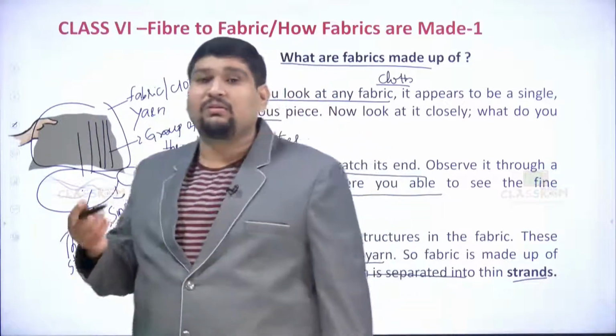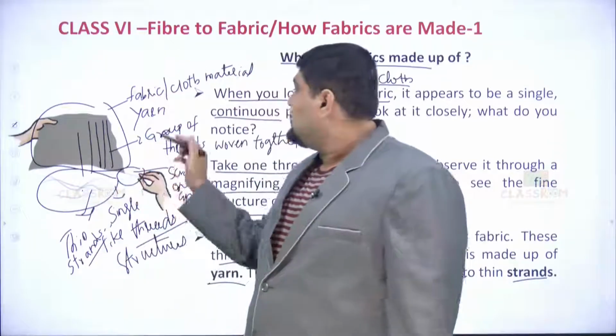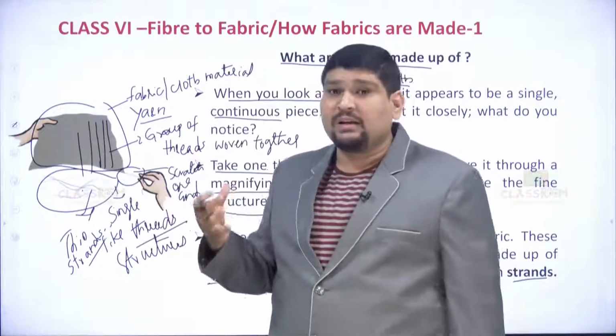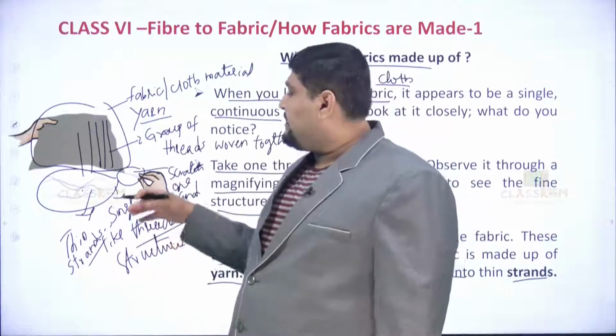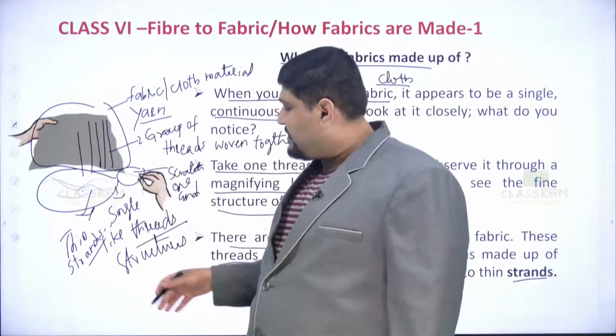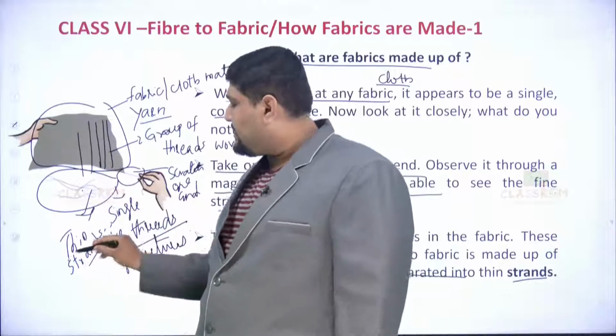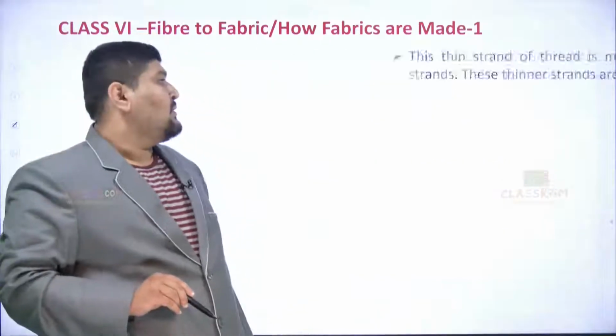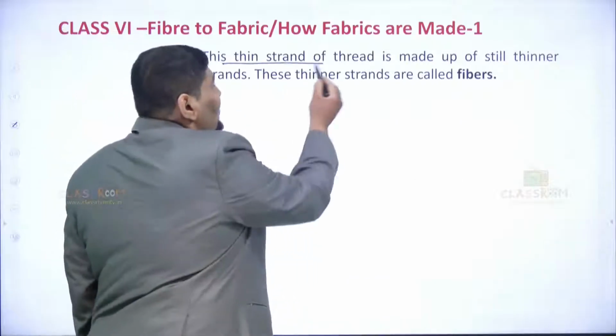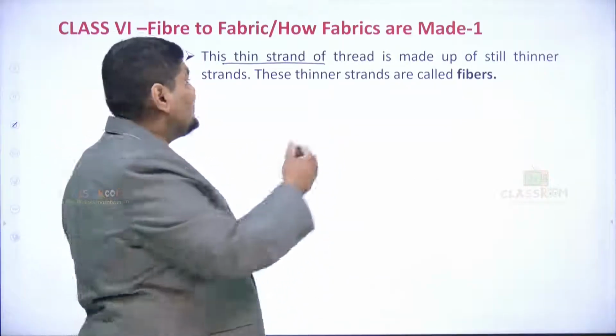First we are going with yarn, that is a fabric cloth or material. From that, when the group of threads starts from one end, it gets separated into single thread-like structures, which act as thin strands. Here this thin strand of thread is made up of still thinner strands.